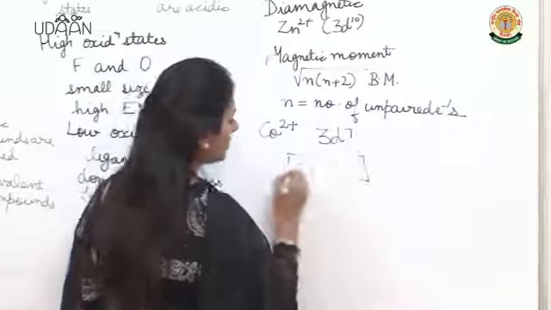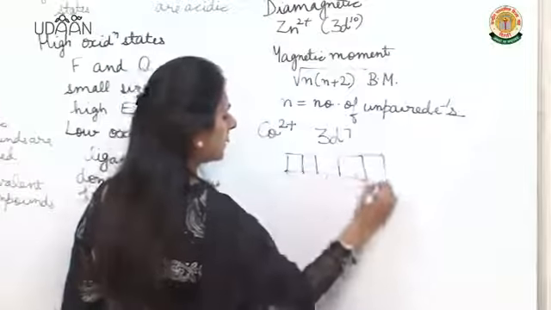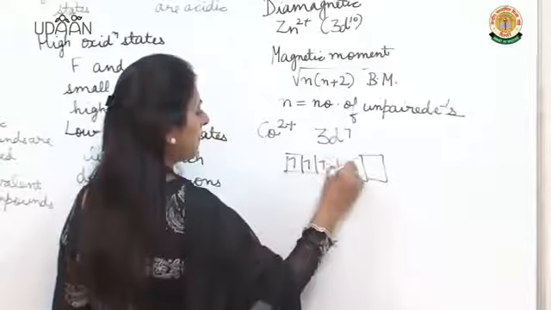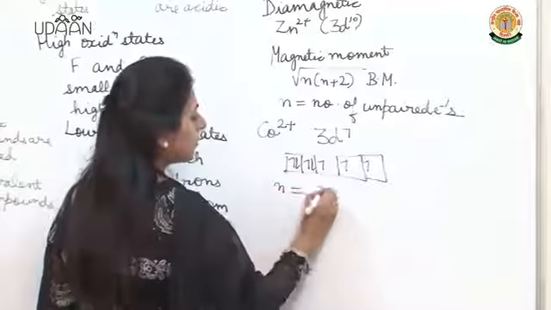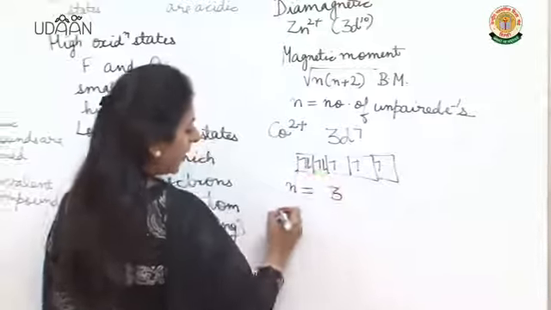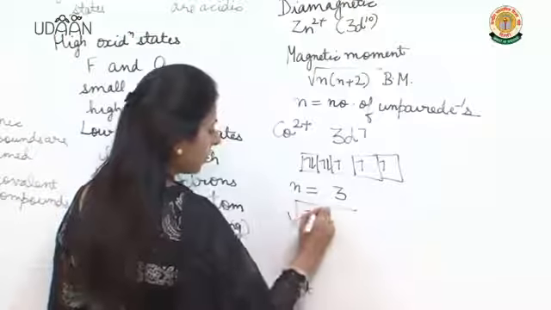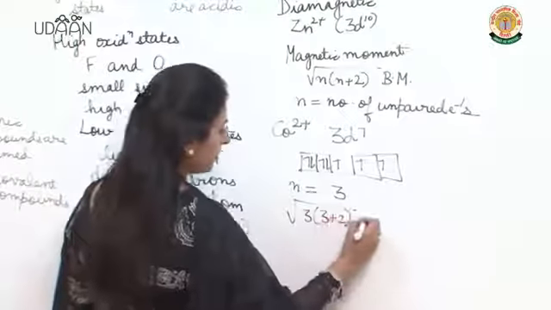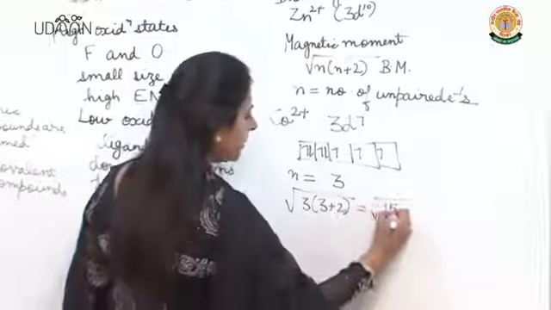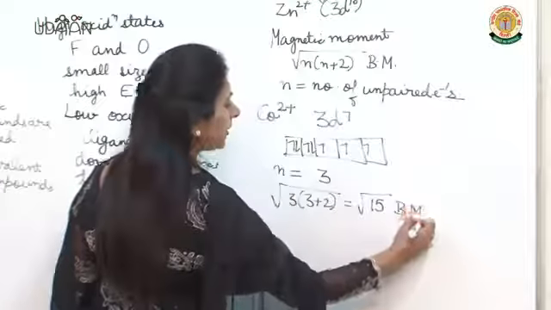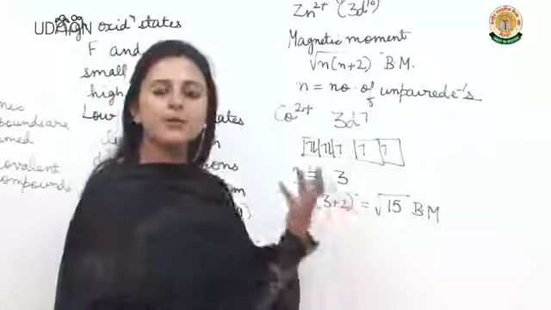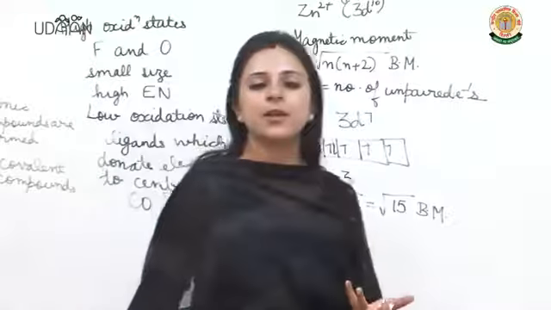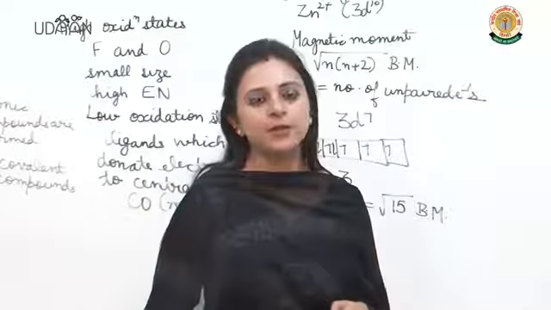I will find out the number of unpaired electrons here: 1, 2, 3, 4, 5, 6 and 7. n is equal to 3. Substituting it in the formula, it will become under root 15 Bohr magneton, which is a unit of magnetic moment. So as the paramagnetic character increases, the magnetic moment will increase.